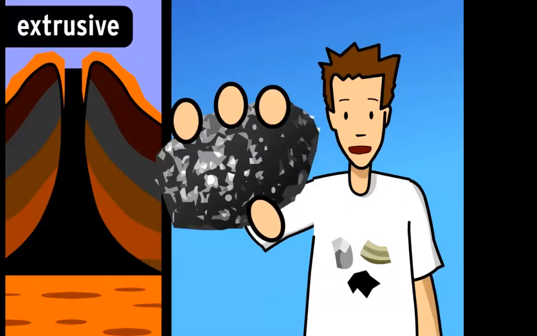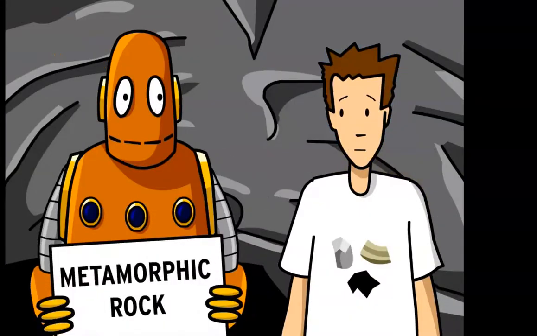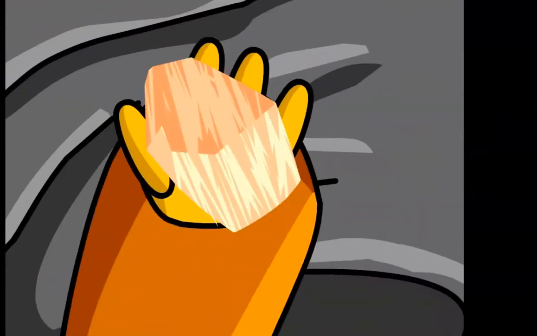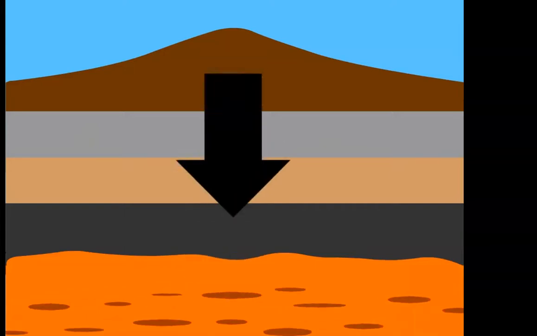Extrusive igneous rocks form from the lava that flows out of volcanoes or from magma found very near the Earth's surface. Lava cools pretty quickly when it gets near the Earth's surface, so extrusive rocks have much smaller mineral grains than intrusive rocks. Sure is hot down here. Hey, that's a metamorphic rock. The rocks below the Earth's surface are under a lot of pressure from the rock layers above.